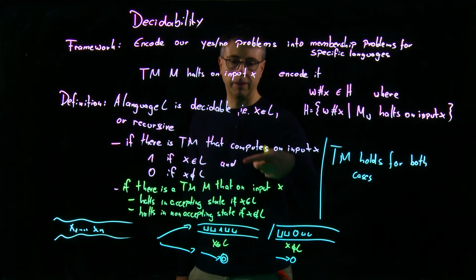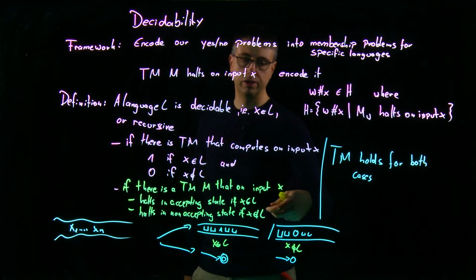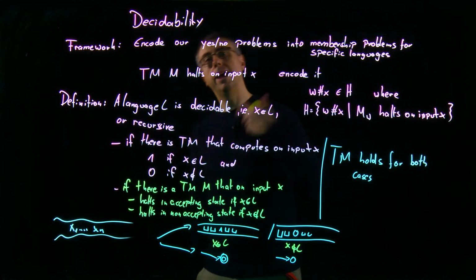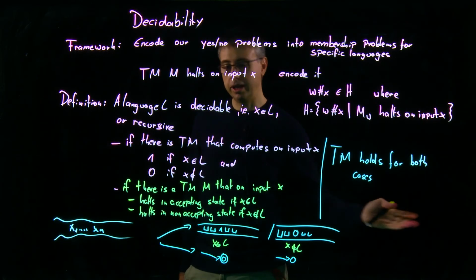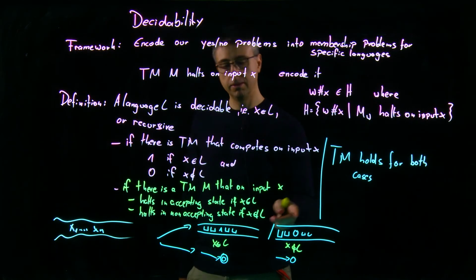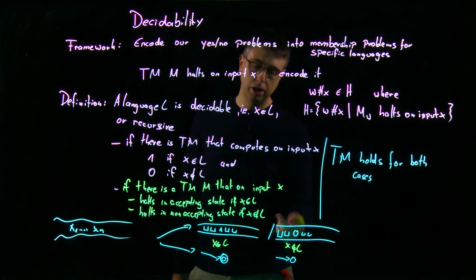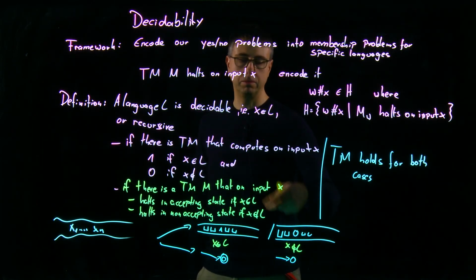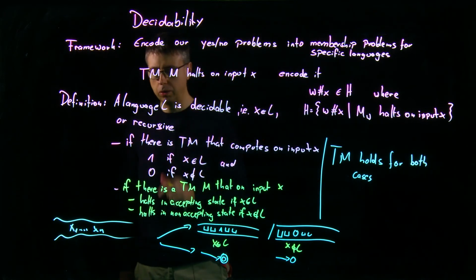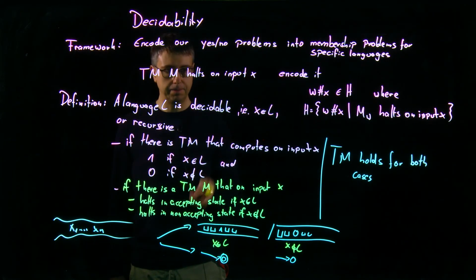So we could come from a Turing machine using the first definition to one for the second definition, and vice versa. If we have a Turing machine that uses the second definition, if we're in an accepting state, we can simply erase the tape and write a 1. And if it's a non-accepting state, we erase the tape and write a 0. So we see that they're in fact both equivalent.